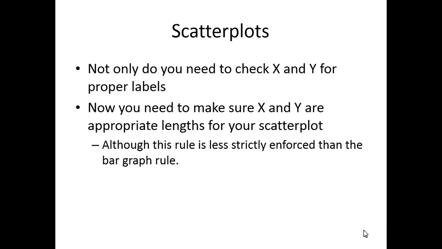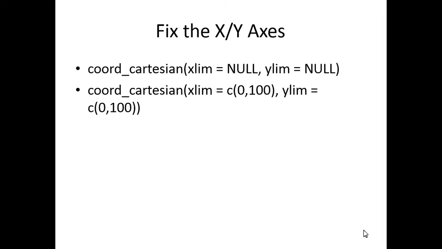So not only now do I have to be concerned with the proper labels on X and Y in my legend, I have to make sure X and Y are appropriate length. And we tried to do a little bit of that, and sometimes the bars just disappear, and you're all going like, why? And I'm like, I have found the solution. That rule is less strictly enforced than on bar graphs, but I do want y'all to pay attention to it. There are several ways to do it, but this way is the one that doesn't give you the error.